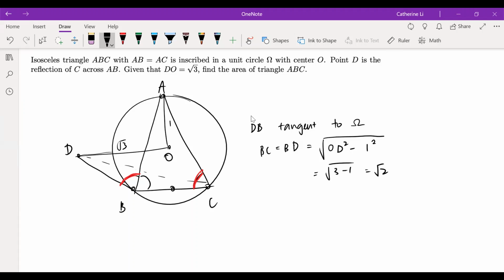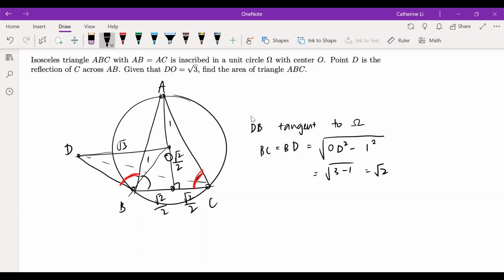Cool. That means that if we drop the altitude completely, each of these lengths is root 2 over 2, but also BO is 1, so then this is just an isosceles right triangle.